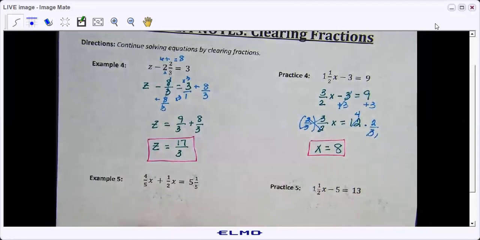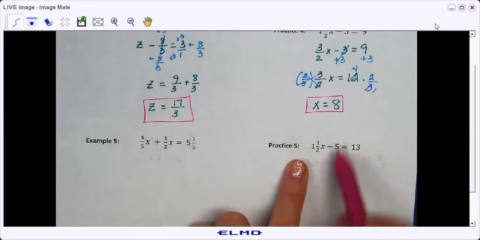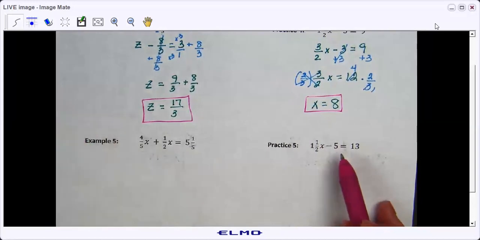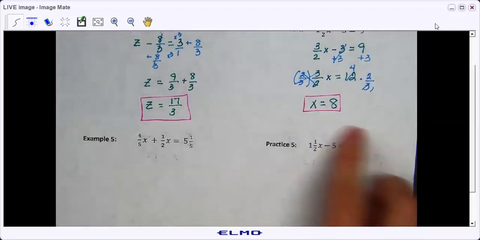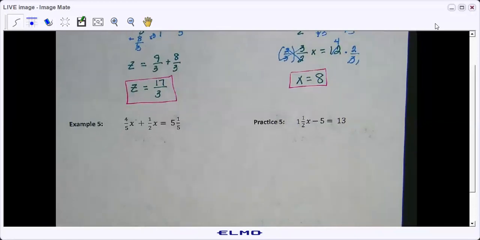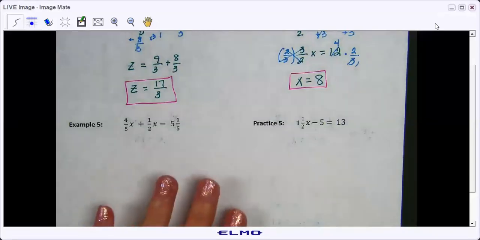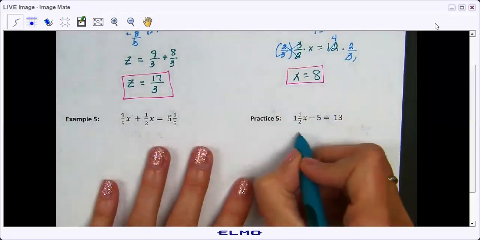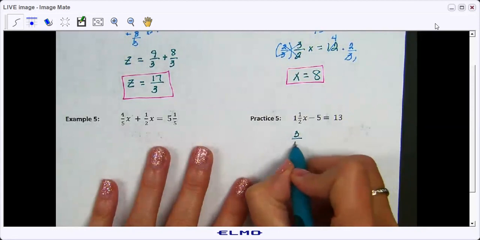All right, I want you guys to do practice 5. It's very similar to practice 4. So go ahead and do that one, and then we'll move over to example 5. So everyone should be able to do this one on their own. Okay, so I'm turning this into an improper fraction. Oh, very similar to practice 4.